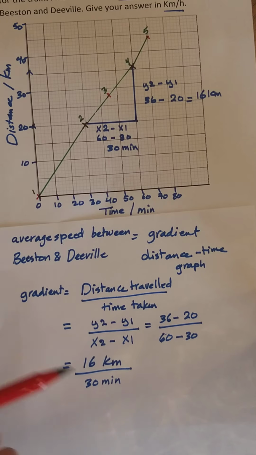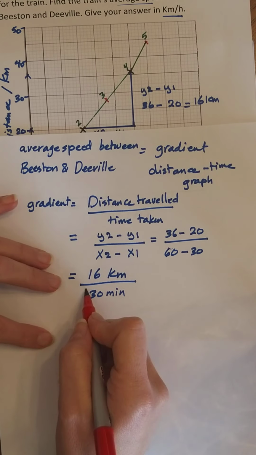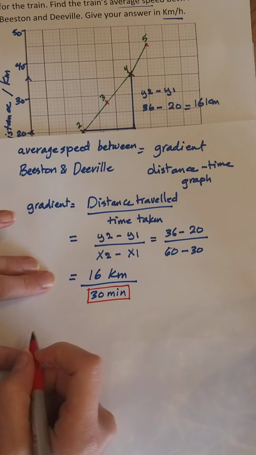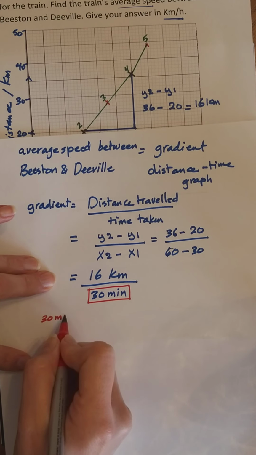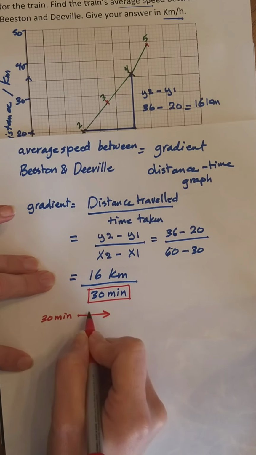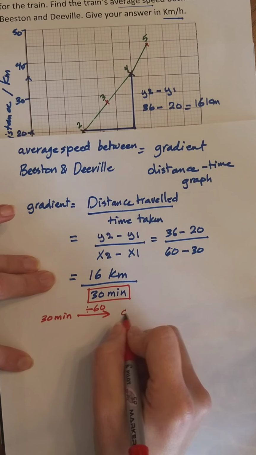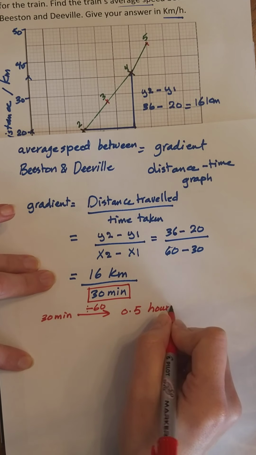What do we need to do now is change the value of time from minutes to hours. To do that, 30 minutes equals in hours, we divide it by 60, so it's half, 0.5 hours.